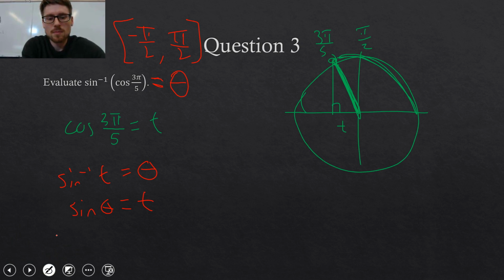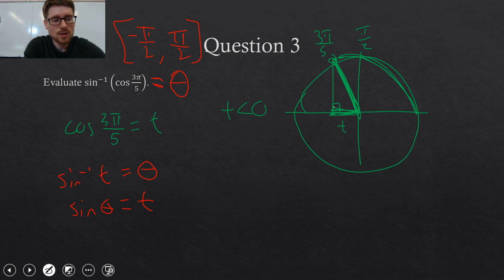From the diagram, it should be clear that t is negative. So we see t is less than 0. We see that t is a negative value because it's the x and we're in quadrant 2, so that's where x's are negative.